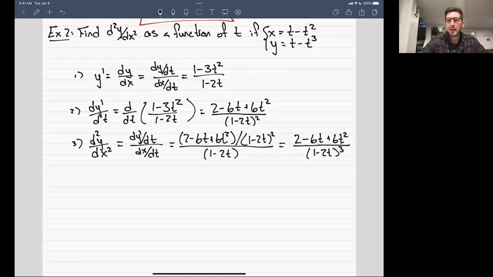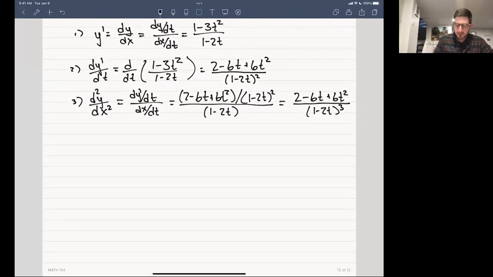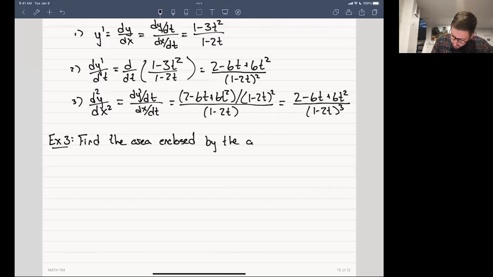Okay, so let's take a look at another cool application of this. Going back to maybe where we started at the beginning of this class a little bit, and talking about finding enclosed areas. So we're going to be able to do integrals with these things too. So let's say find the area enclosed by, now these things are called asteroids.